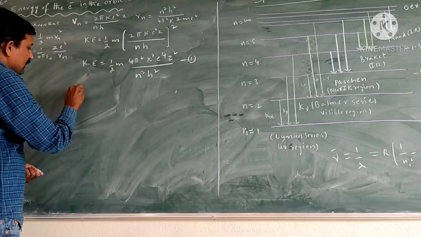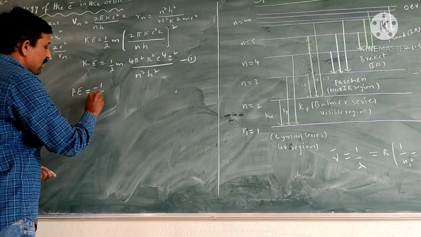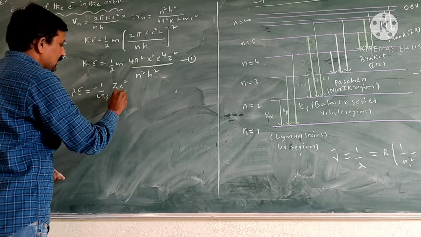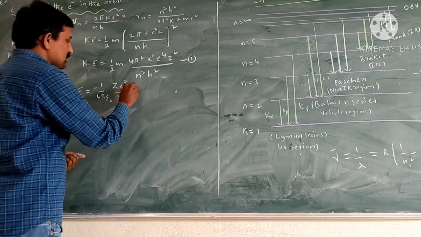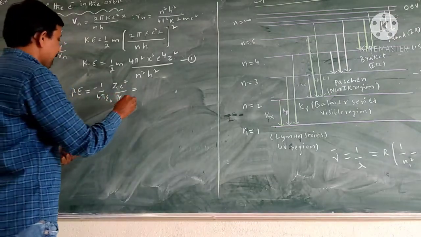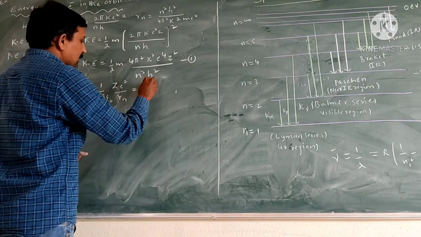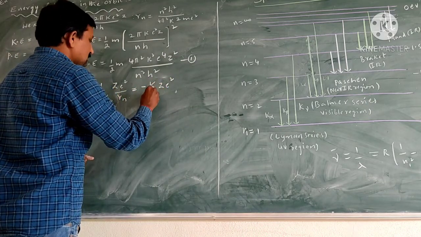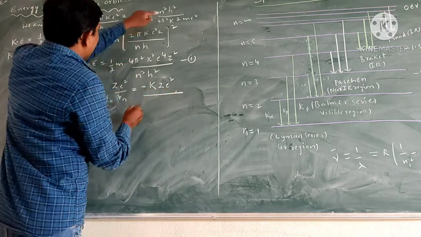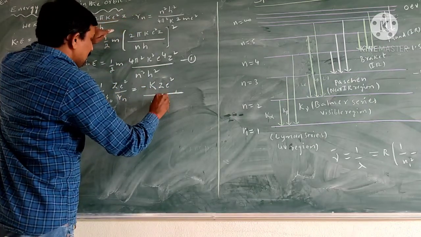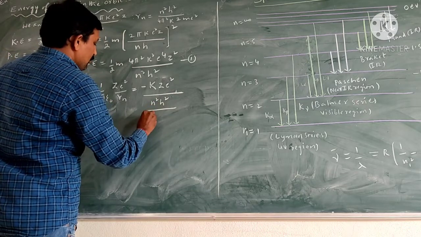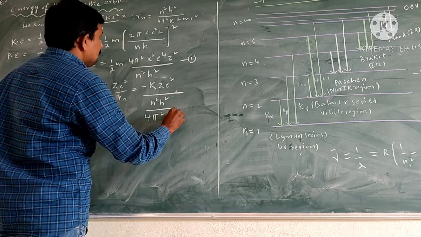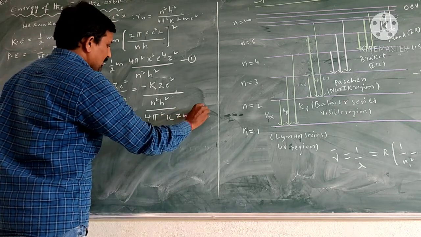Potential energy is equal to minus 1 by 4 pi epsilon naught into Ze square by Rn. This is the potential energy. Substitute the value of Rn in this equation. So 1 by 4 pi epsilon naught means k, minus k Ze square by, what is the value of Rn? n square h square by 4 pi square k z m e square.